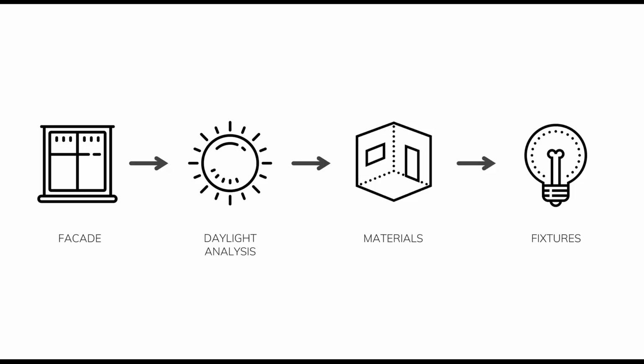And finally, if that's not enough, you might then ask the question, what kind of electrical fixtures do I need to put in to really make these light levels adequate for the human experience of the space? And you can imagine this chain of inquiry happening on a lot of different design elements, right? Because these things are related.